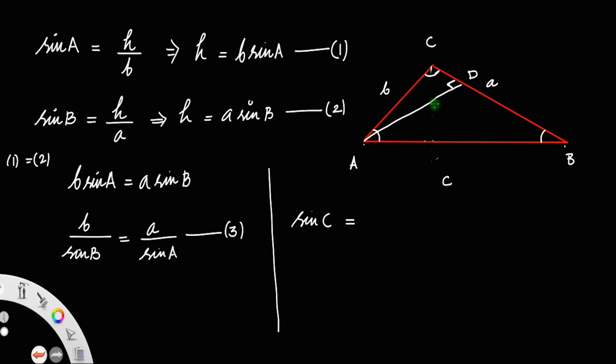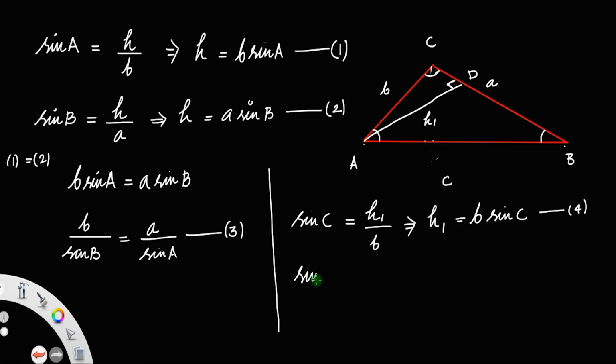Let's call this AD H1. It's different from the previous height. So sine of C will be opposite, that is H1 by b, which implies H1 equals b sine C. Call that equation number 4.